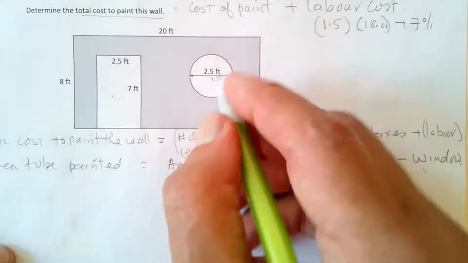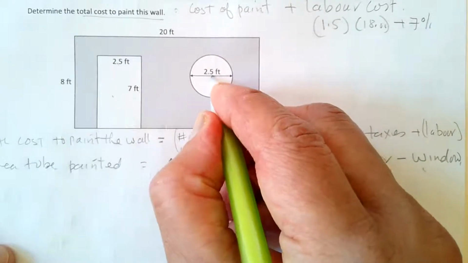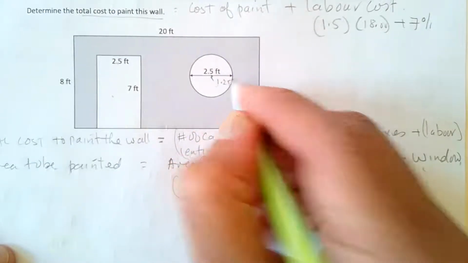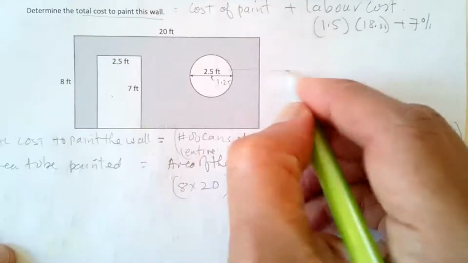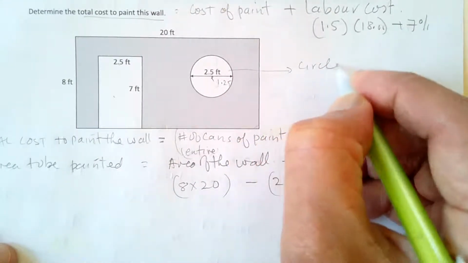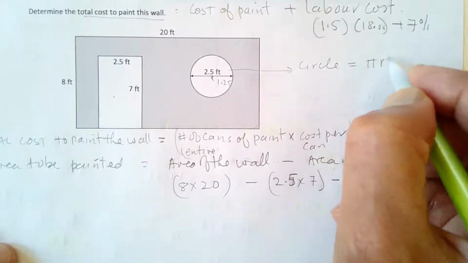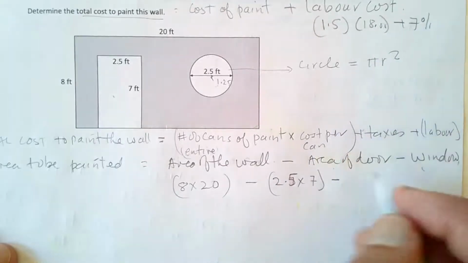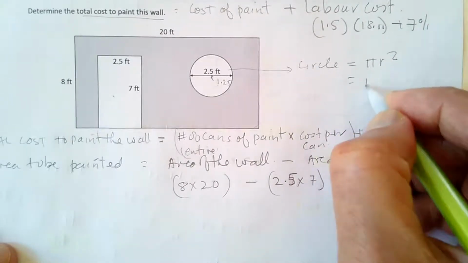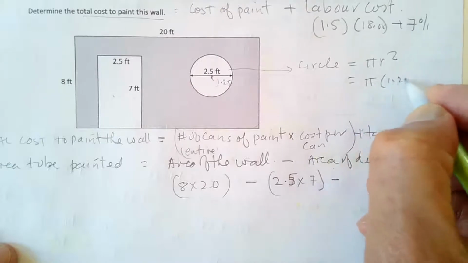And the window, the radius in this case is 1.25. Remember, the area of a circle is pi r squared. So this will give us pi times 1.25 squared.